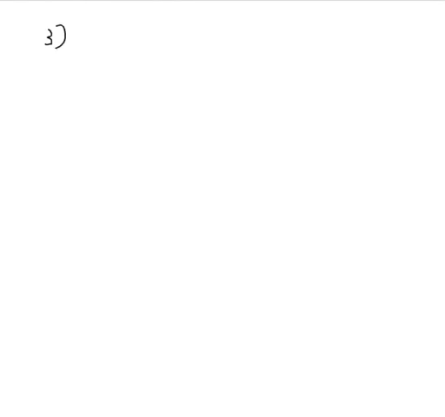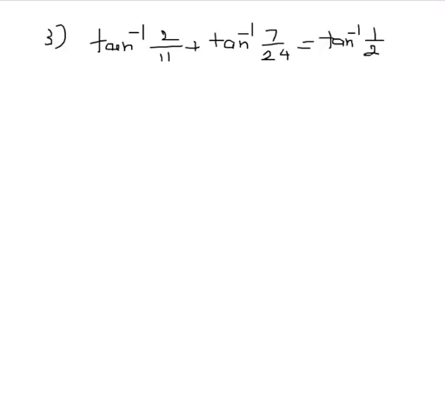Question 3. Tan inverse of 2 by 11 plus tan inverse of 7 by 24 is equal to tan inverse of 1 by 2. We are going to make use of this formula: tan inverse of x plus tan inverse of y is tan inverse of x plus y by 1 minus xy.